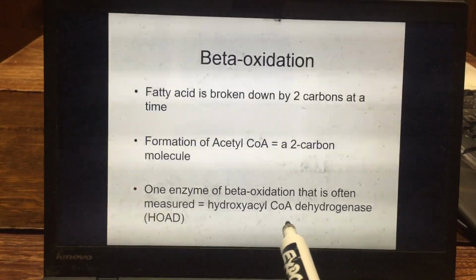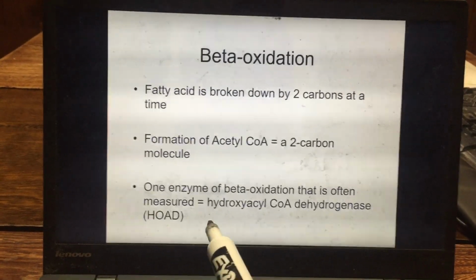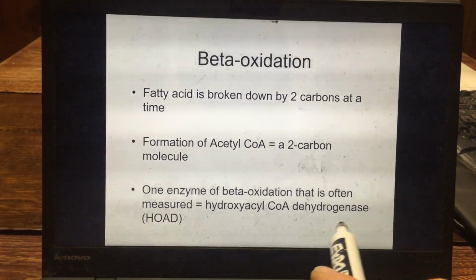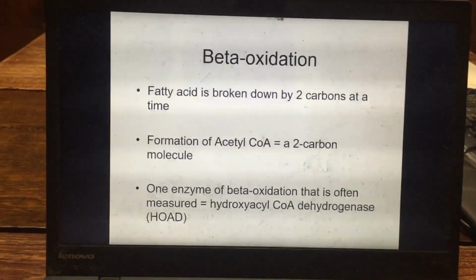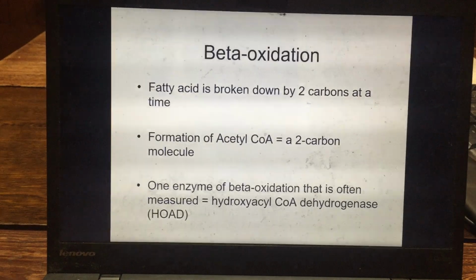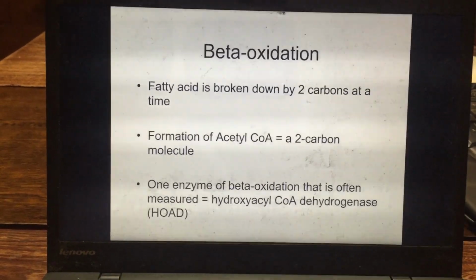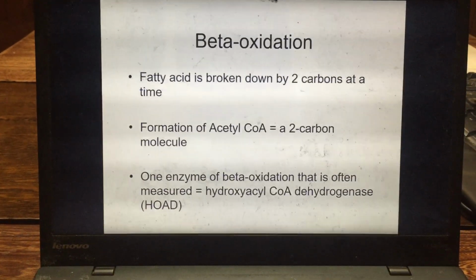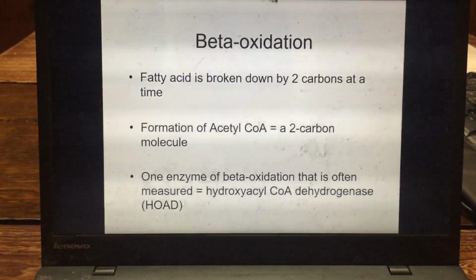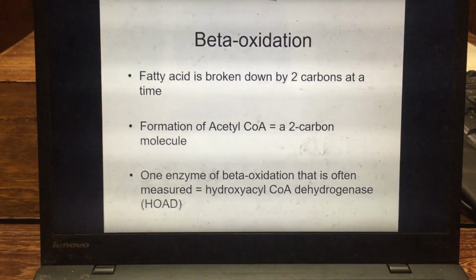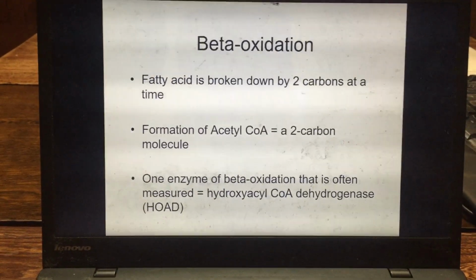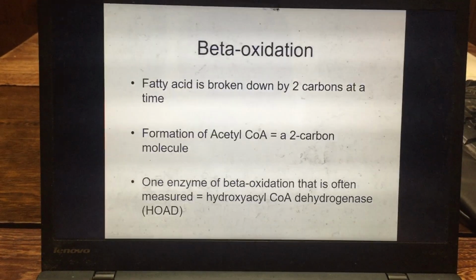So it's an enzyme that's in that beta oxidation pathway. It's one that's easy to measure in a biochemistry lab, and so that's often used to assess the capacity of that pathway. So it's a mitochondrial enzyme, because beta oxidation occurs in your mitochondria.